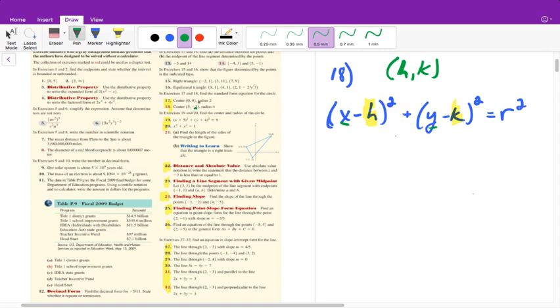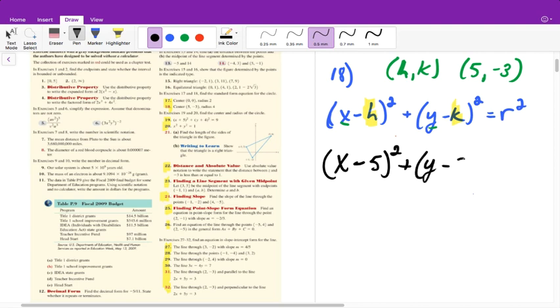Right, so that means that this point (5, -3) is going to substitute for our h and k. So where we see h, we can substitute 5. Then this standard form equation will become (x minus 5) squared. And where we see k, we can substitute our -3.